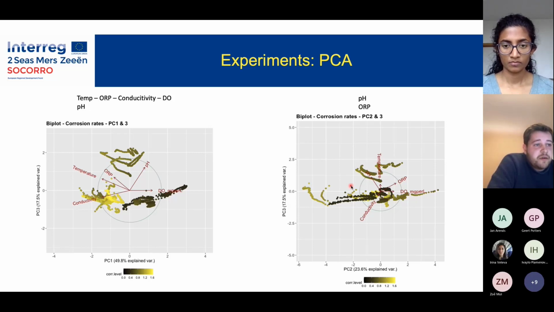They constitute less variance for these parameters is displayed in this graph. However, pH and ORP are represented in this graph, and they show no correlation whatsoever for these 2 principal components.